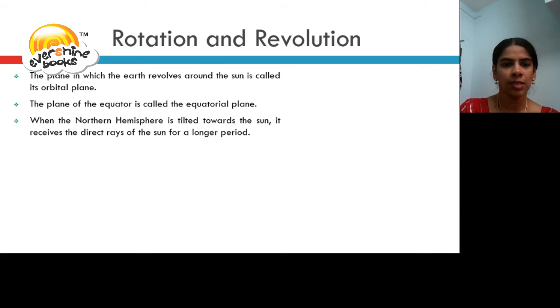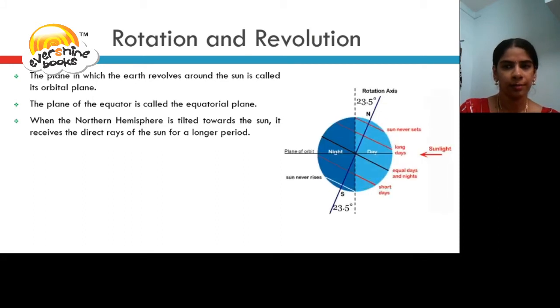When the northern hemisphere is tilted towards the sun, it receives the direct rays of the sun for a longer period. Therefore, it has summer with longer days and shorter nights.